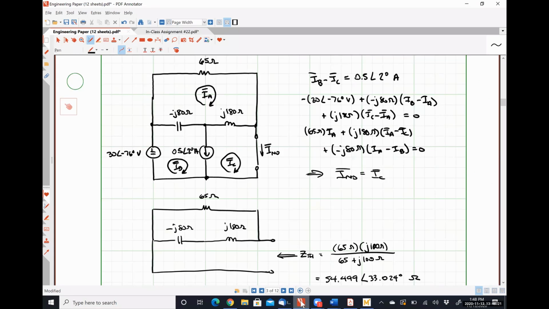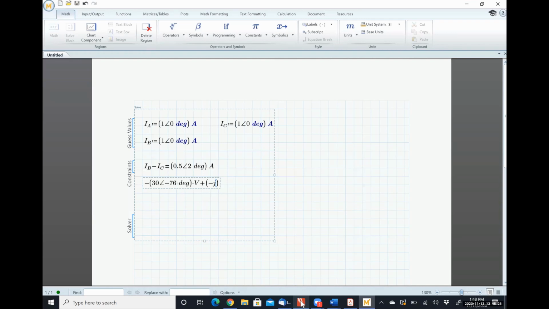Negative j80 times IB minus IA, plus positive j180 times IC minus IA, is that right? Is equal to 0.